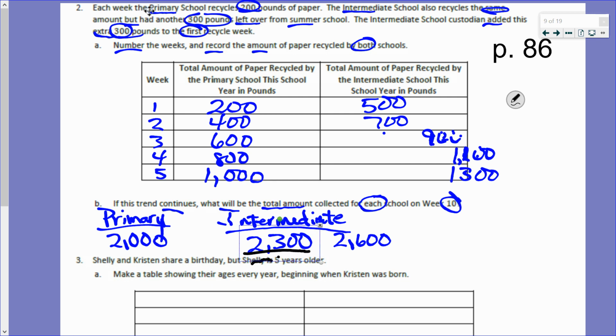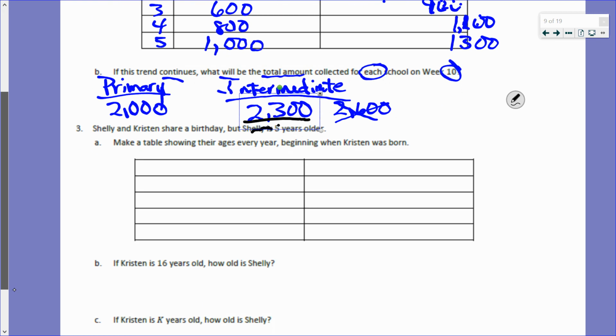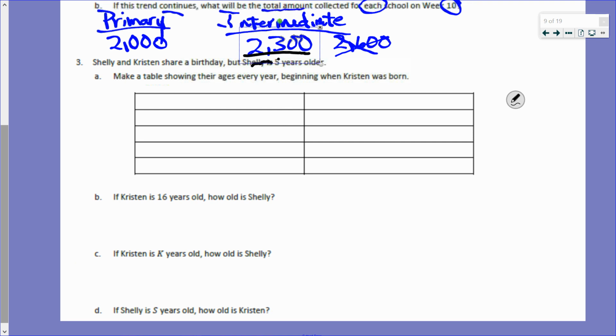Why is that? Here's the why. Because they added 300 pounds one time. Don't get confused. Pay attention to the details. That one is wrong. Uh-oh, I wrote another wrong one up there.